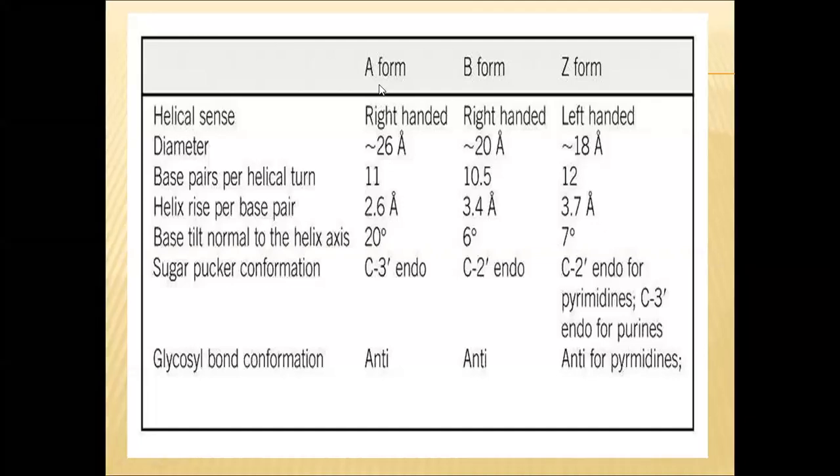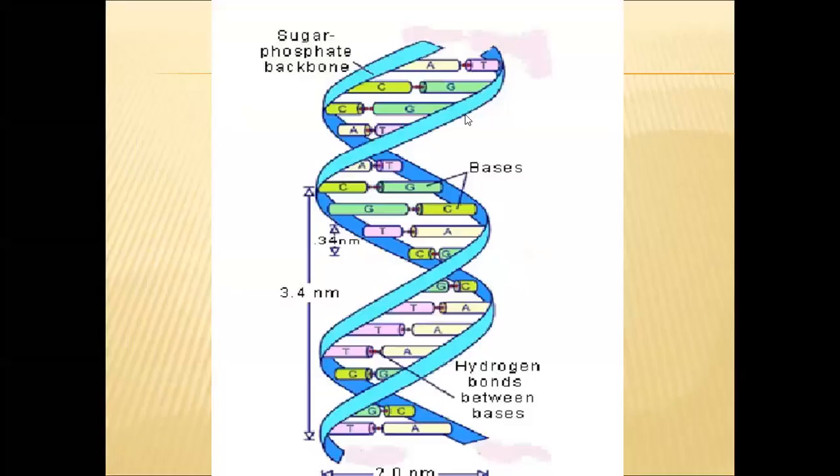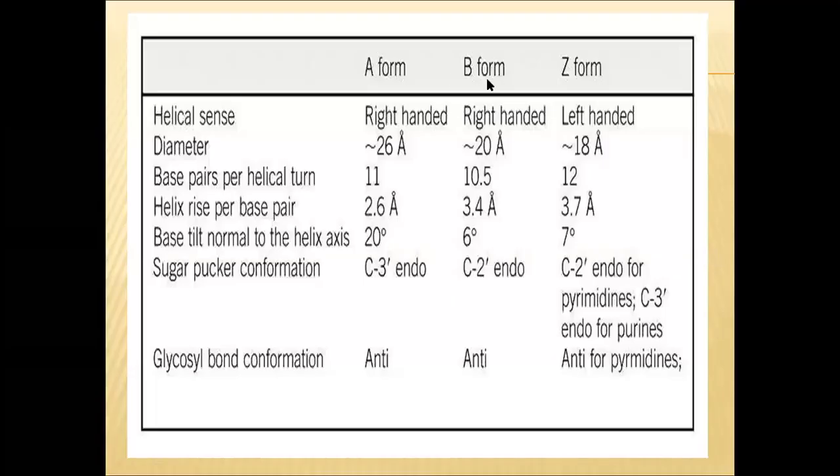Let us see. aDNA is right-handed DNA, bDNA also is right-handed DNA. So what is right-handed DNA? All these turnings are turning to the right side. So right-angle turnings will be there in bDNA and aDNA.